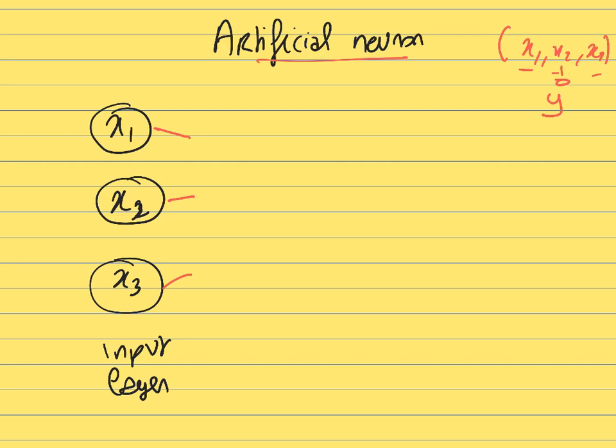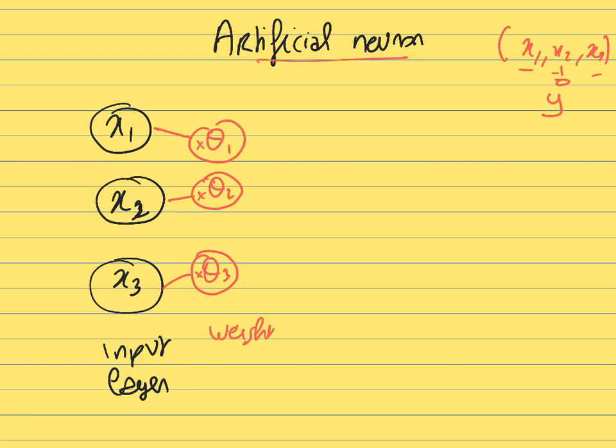The first thing that this neuron is going to do is to take those inputs from the previous layer and to multiply each of them by a given weight, theta 1, theta 2, and theta 3. So you multiply the value of each input by a given weight. So those are some weights.